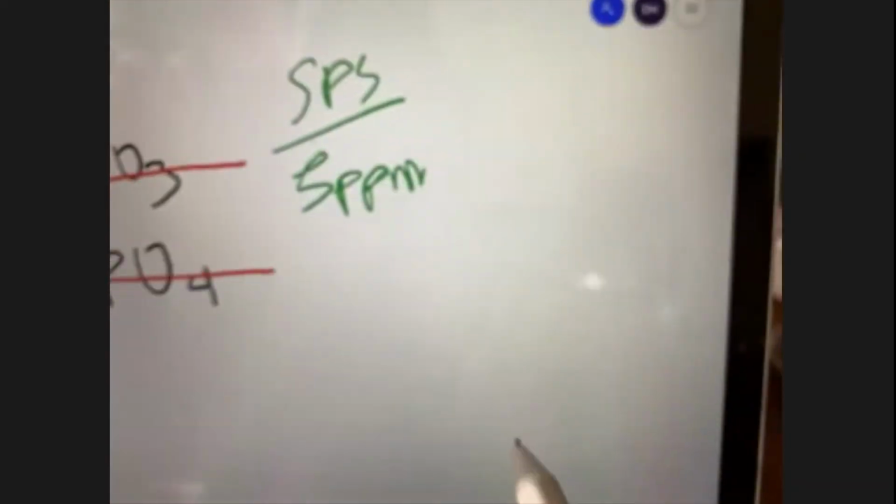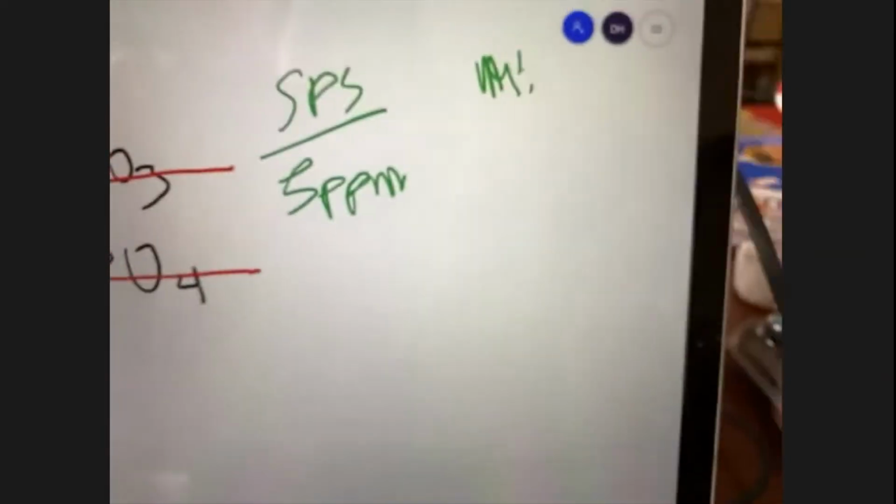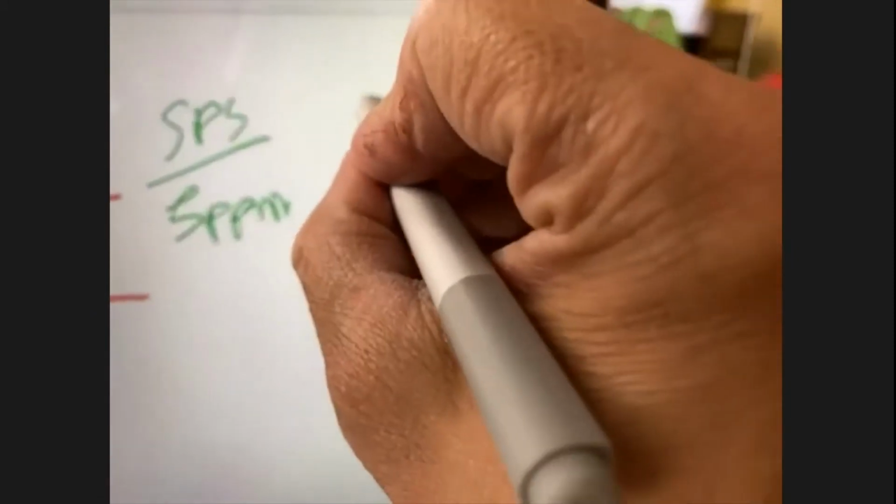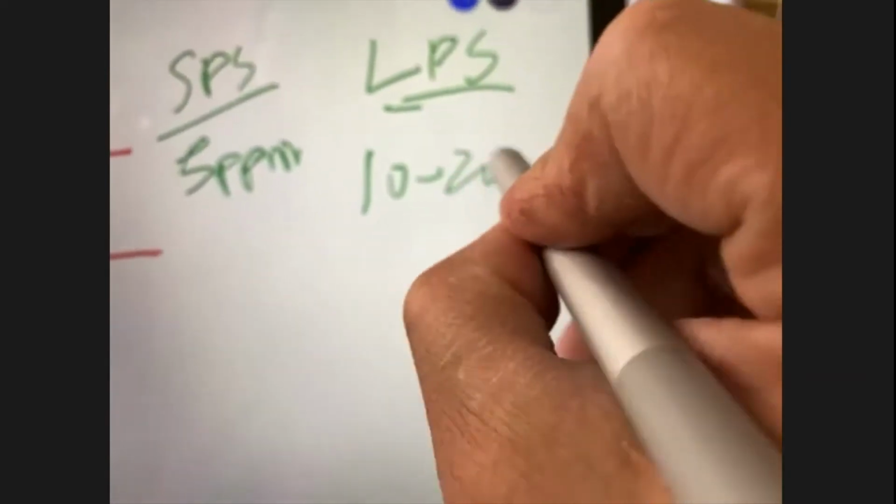So what level should you keep your nitrate at? It depends on what you're keeping. On my SPS tank, I try to keep 5 ppm. On my mixed reef, mostly LPS, I'm going to say 10 to 20 ppm.